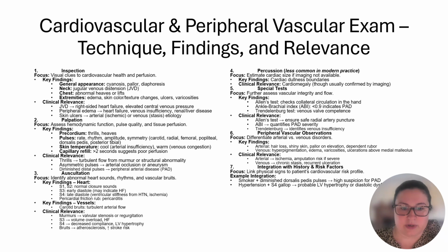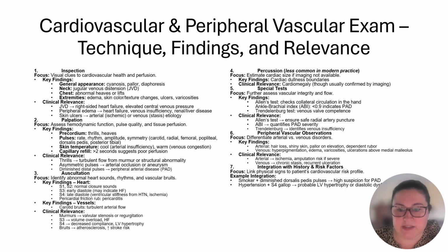This slide goes over the techniques, findings, and relevance of each individual part of the exam when we talk cardiovascular and peripheral vascular. As we all know, we should be inspecting our patients, palpating their skin, their pulses, their chest wall, and then auscultation of the heart and the vessels, listening for normal heart sounds, any abnormal heart sounds, and bruits.